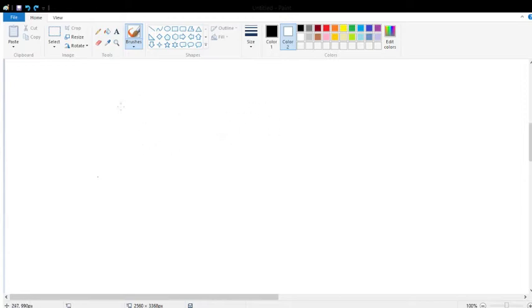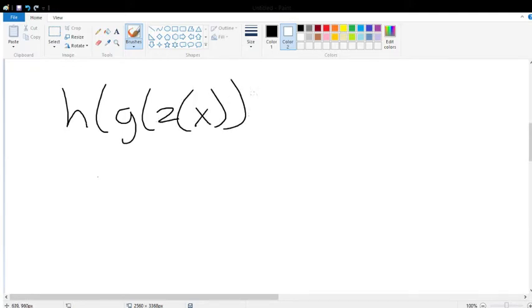So let's say you have x of g of z of x. This is one huge composition function.